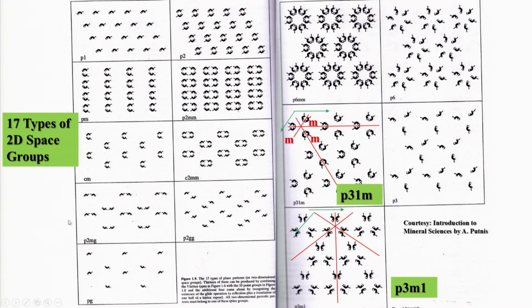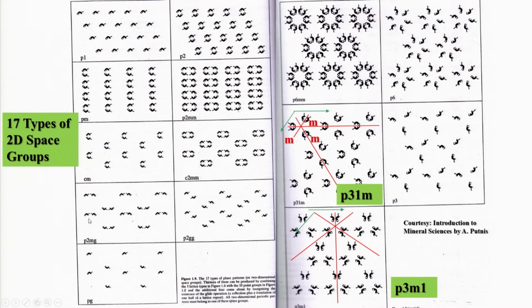Now, let us come to this P 2 mg. This is where we are still at the rectangular lattice. So, what do you have here? In this case, I told you that you have a two-fold axis of symmetry, a mirror plane, and also a glide plane. Where does your mirror plane go through?